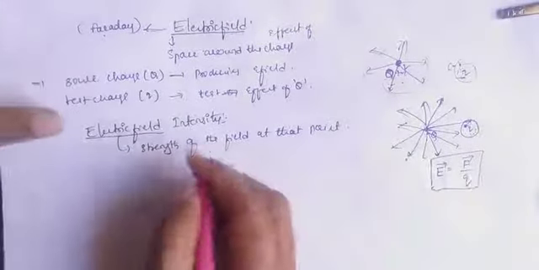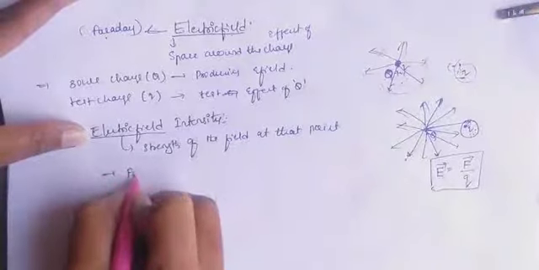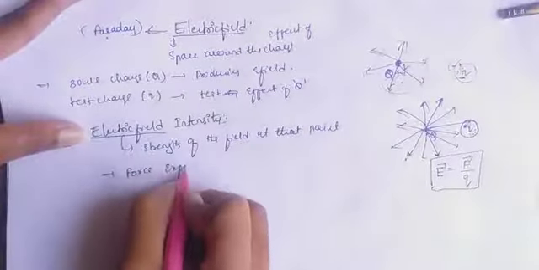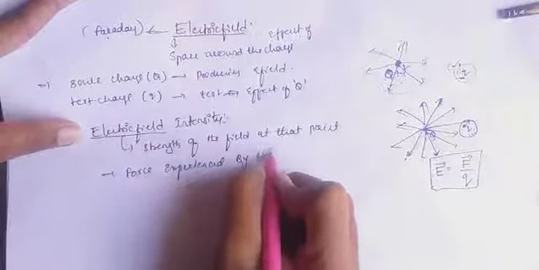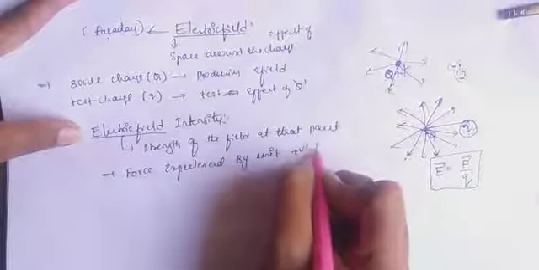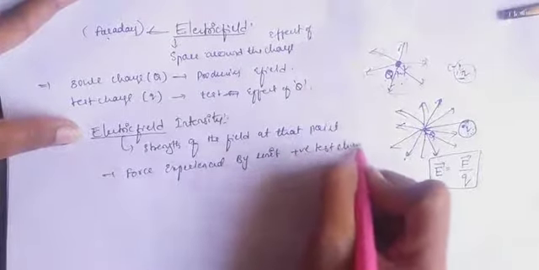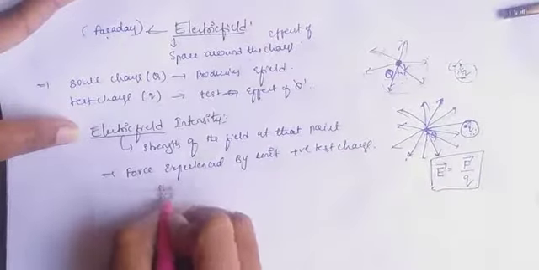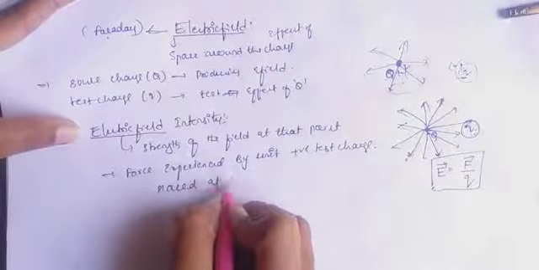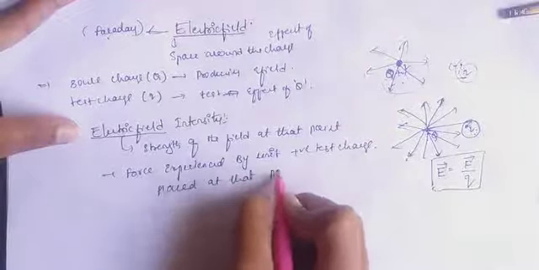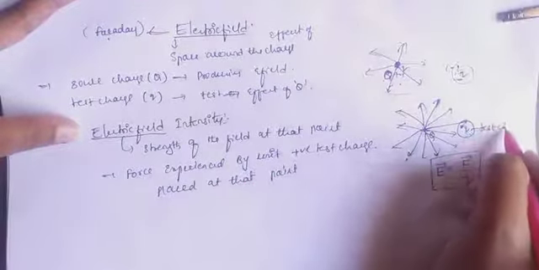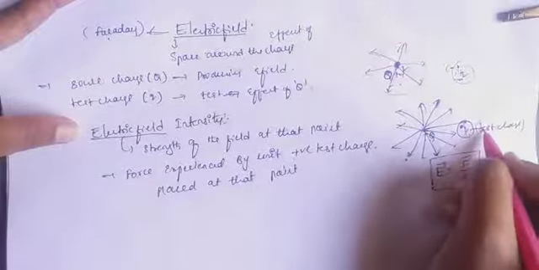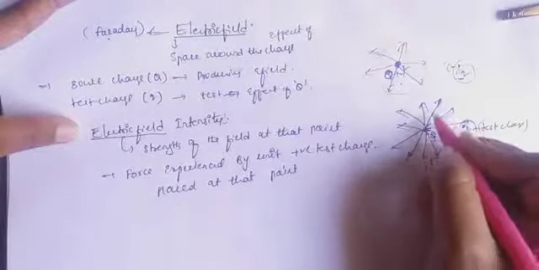Now here we can write: the force experienced by a unit positive test charge placed at that point. Here we are placing the test charge, so this test charge experiences this field force.